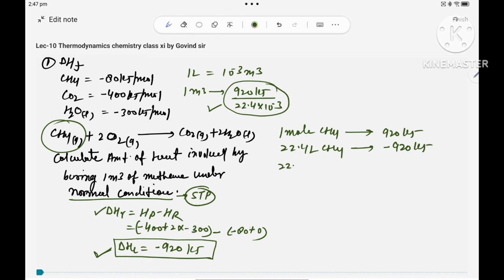So 22.4 into 10 to the power minus 3 meter cube of CH4 will produce how much? That liter we have converted, minus 920 kilojoule. Then for 1, this value will come. That is the unitary method. Some more enthalpies are given that we will discuss, because today we will finish the enthalpy concept.